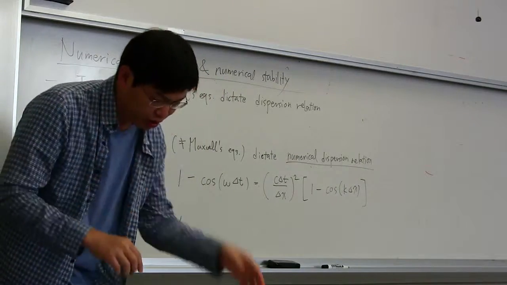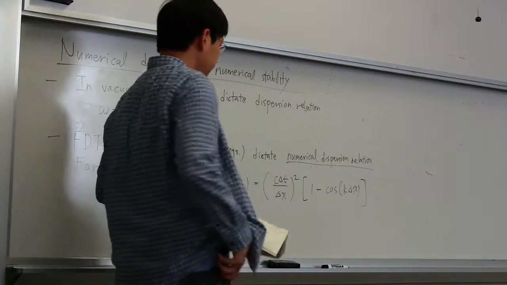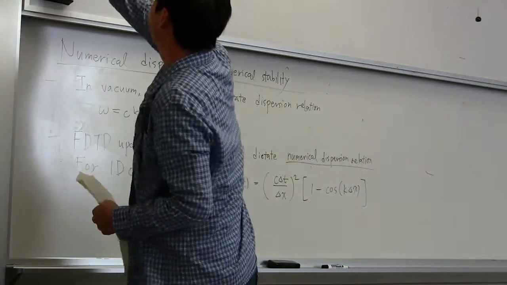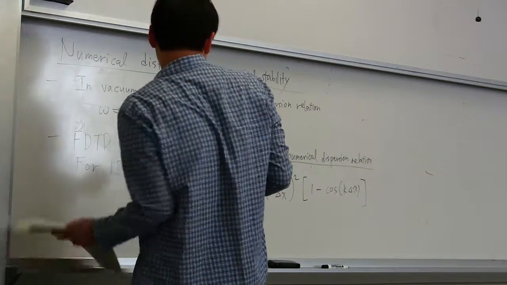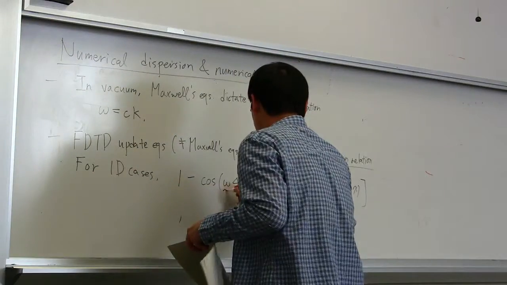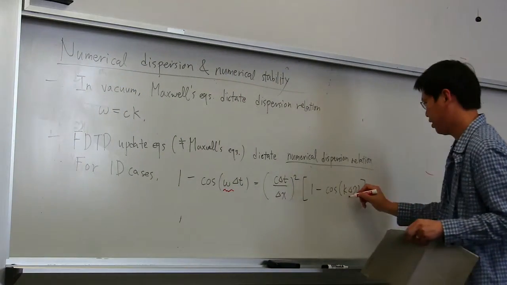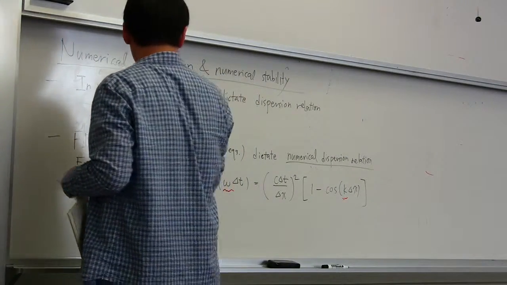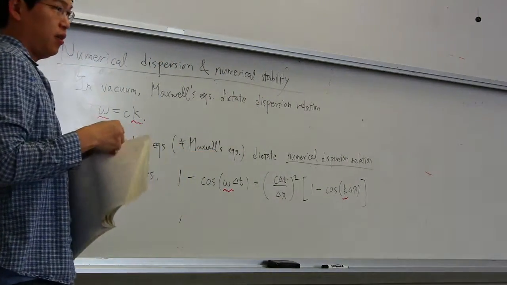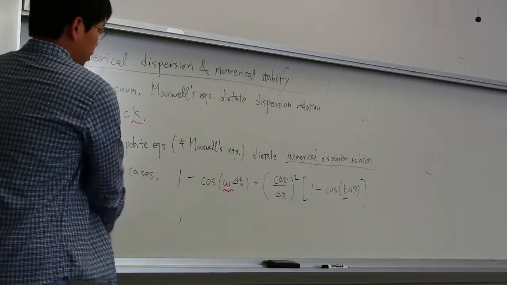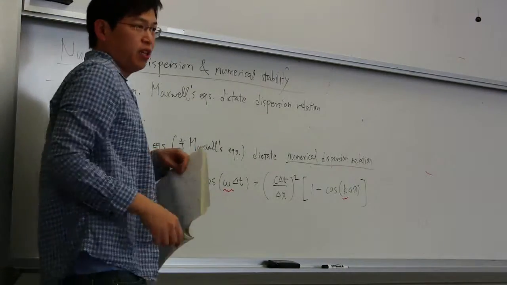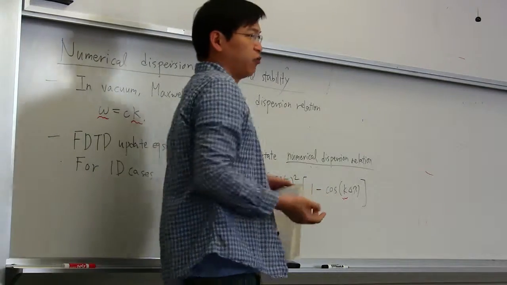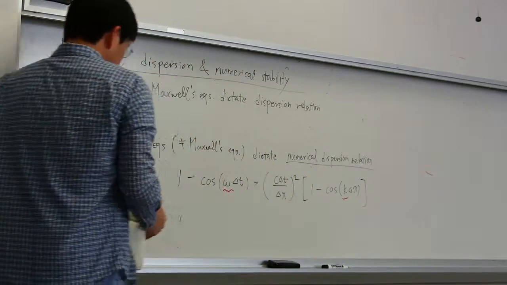And numerical dispersion relation is also the frequency omega and the wave vector k. So currently it is written in implicit form, but still it dictates the relationship between omega and k, right?